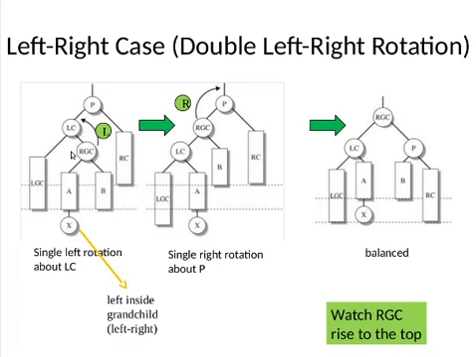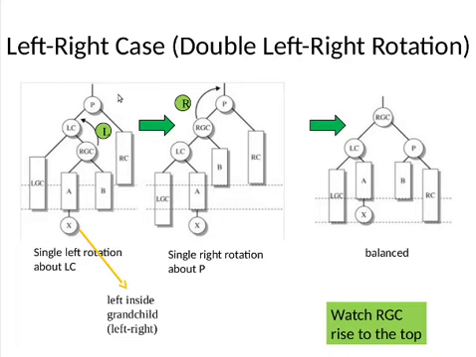This represents the left-right insertion case. We carry out the double left-right rotation to restore the balance factor at P. The double left-right rotation is a two-step process. Step 1 is the left rotation at LC and the second step is the right rotation at P.